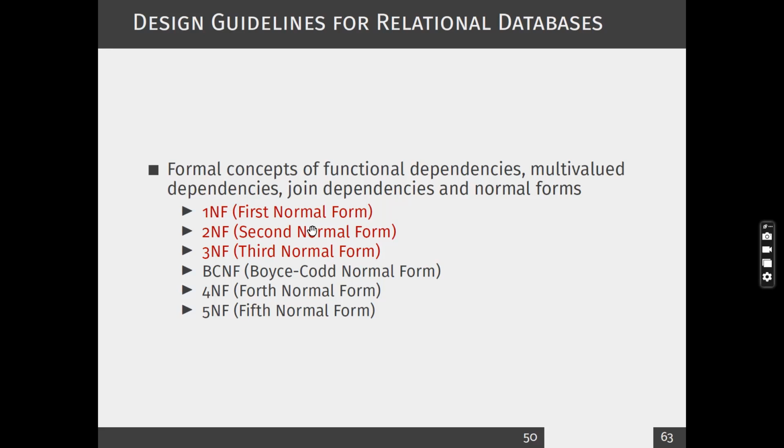There are first normal form, second normal form, third normal form, Boyce-Codd normal form, fourth normal form, fifth normal form, and so on. But at least by Indian standards, you should adhere up to third normal form. So let's see what all these normal forms are, what the focus is, and how you make good relations by following normalization.